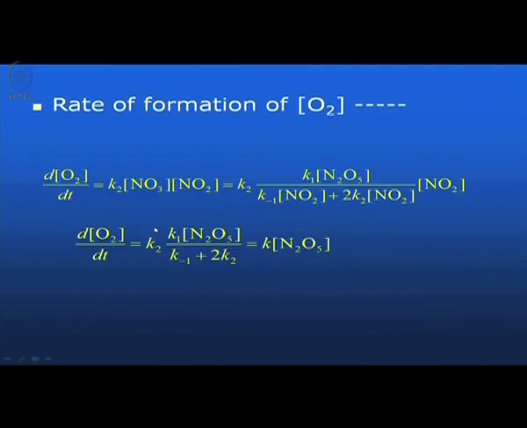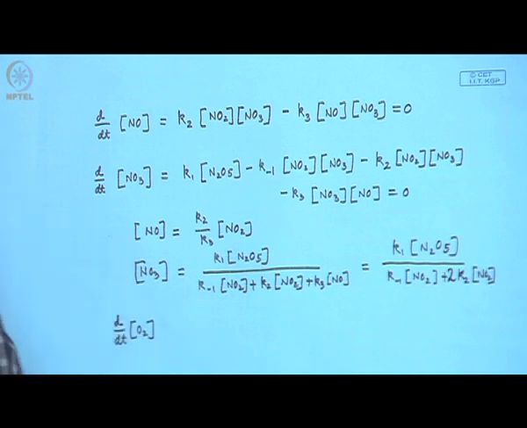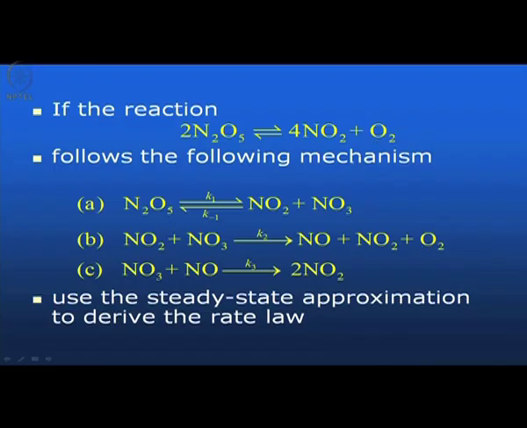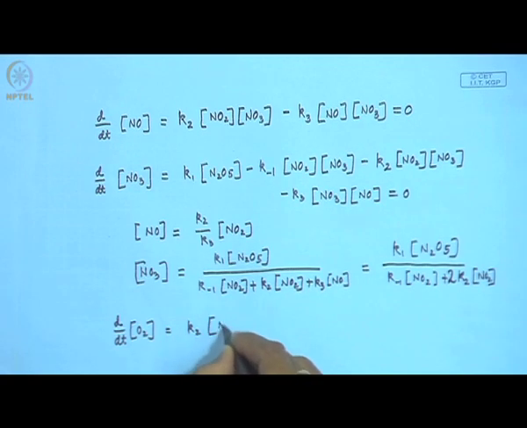Therefore, rate of formation of O2, d/dt of O2, go back to the mechanism. Rate of formation of O2 is here, and it is equal to K2 into the concentration of NO2 and the concentration of NO3.